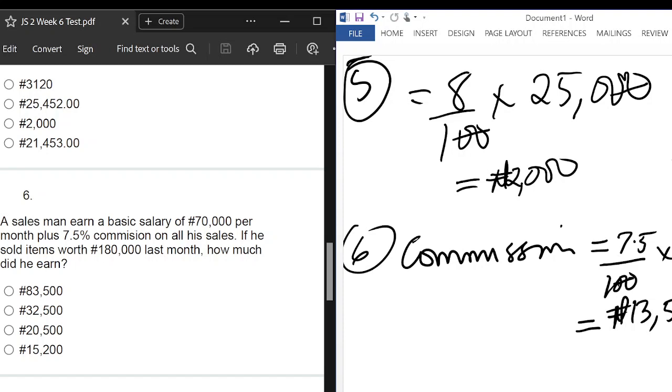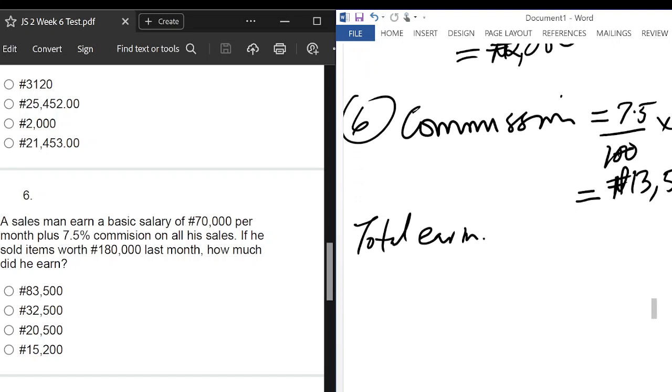So his total earning will be his basic salary plus the commission. So total earning will then be equal to salary plus commission.